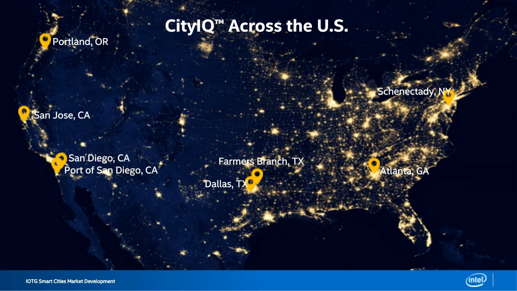San Diego, which has been by far the largest deployment, Atlanta and Portland are the notable ones, but you can see the deployments in San Diego and San Jose, Dallas, Farmers Branch, and Schenectady, where some of the earlier deployments were done. So we are starting to see a pull for this product, and we are also starting to see an ecosystem starting to develop around the data platform that Austin was referring to earlier.